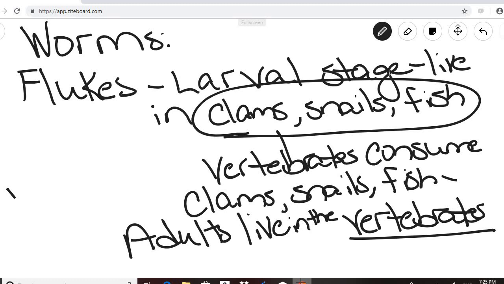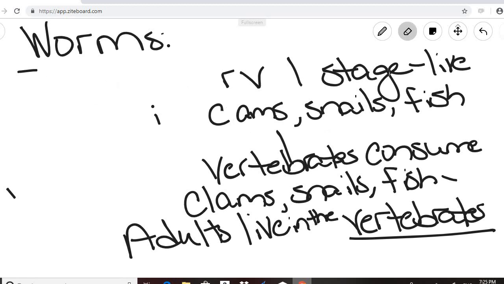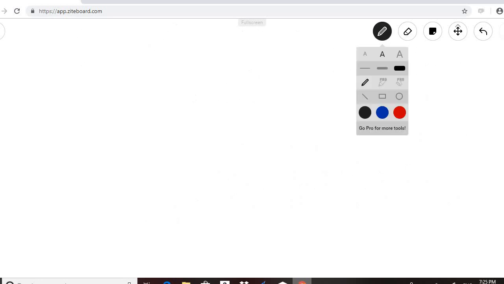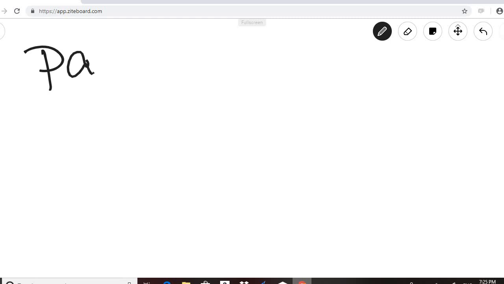Okay, so flukes, they are parasites. I guess we haven't thrown that word out yet, but in biology we've talked about parasites. So parasites are an organism that feed on another organism.